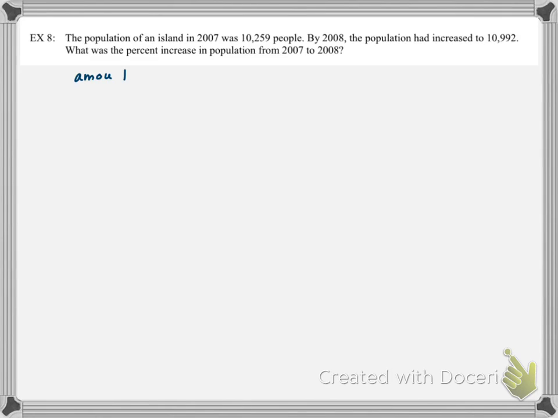So we have amount, percent, base. Something's changing here. So the base has to be the population before the increase. So what do you guys want the amount and the percent to represent?